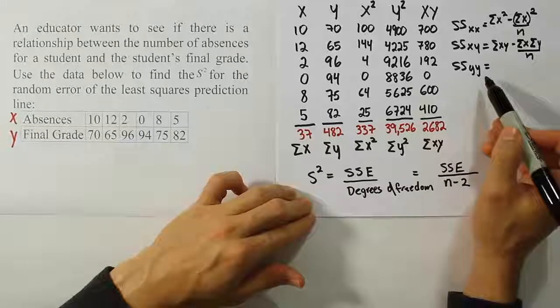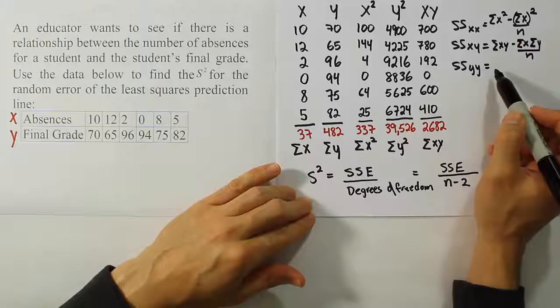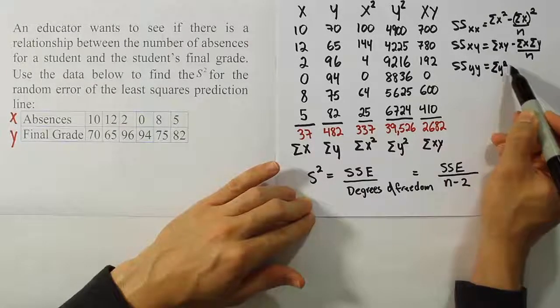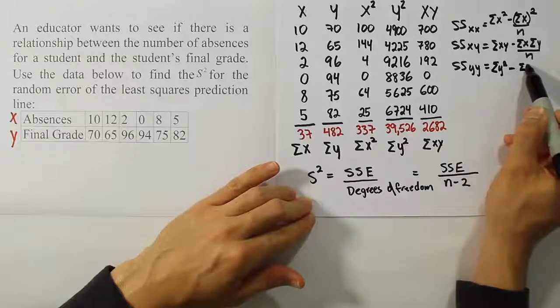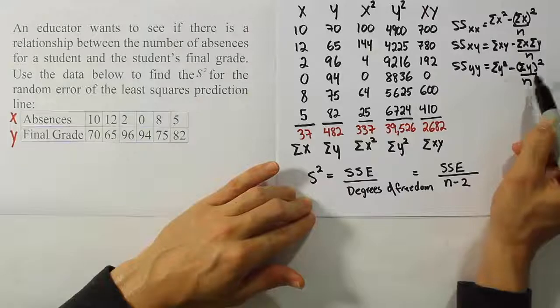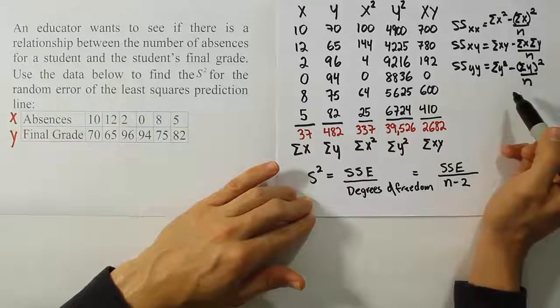And then for this last one, which we haven't calculated yet, the sum of squares for yy, that's very easy to do. It's the sum of y squared minus the sum of y quantity squared all over n. So it's very similar to the sum of square for xx. It's just we have y's instead of x's.